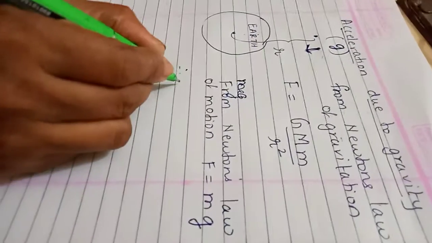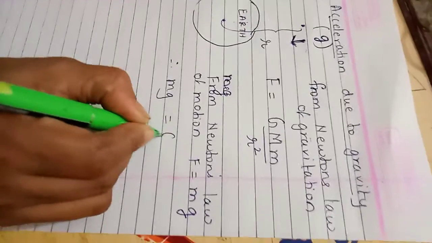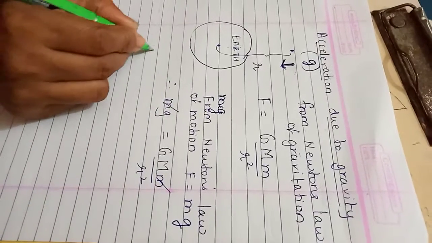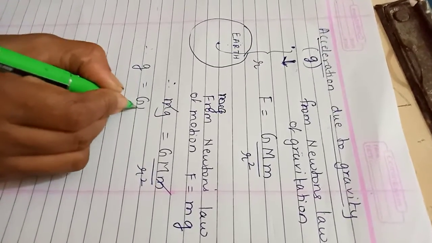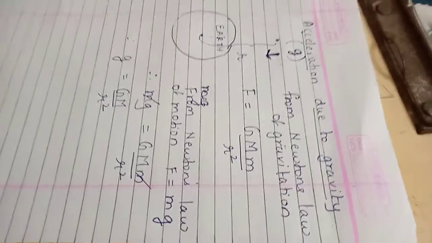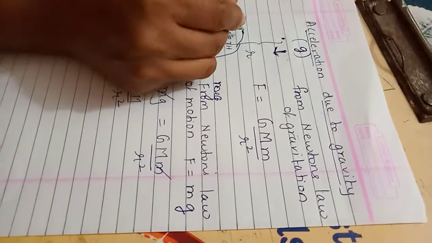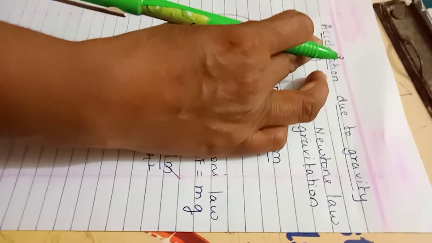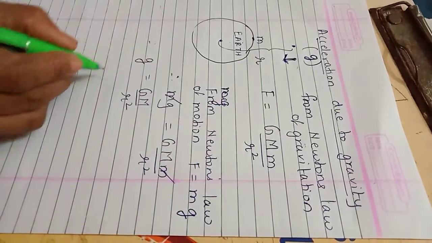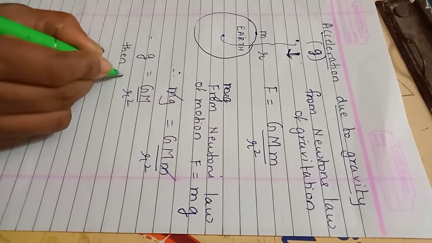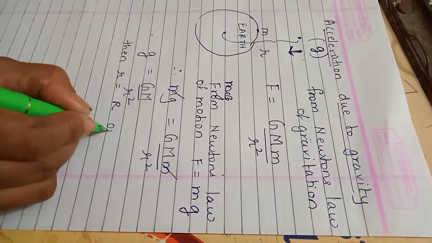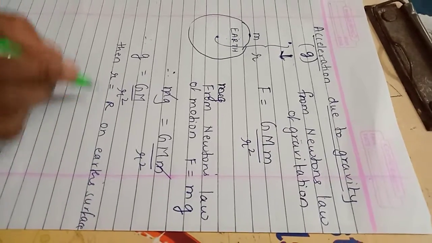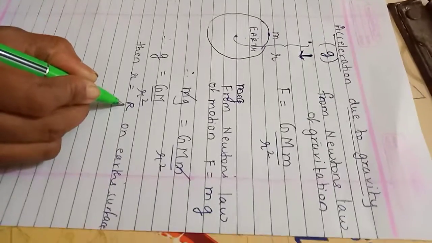Therefore, students, substitute it here. Mg is equal to G, capital M into small m, divided by small r square. m cancels. Therefore, g is equal to GM divided by small r square. If the object lies on the Earth's surface, instead of being at a suitable height from the Earth's surface, if the object reaches the Earth's surface, then small r is equal to capital R, where capital R is called the Earth's radius.